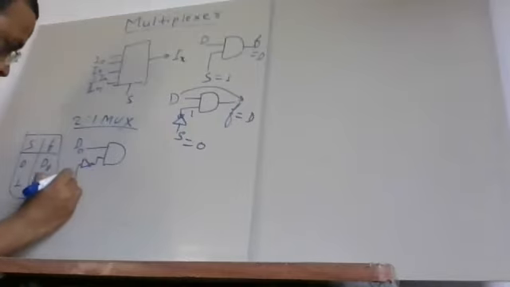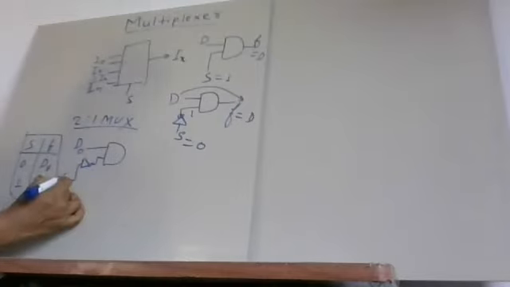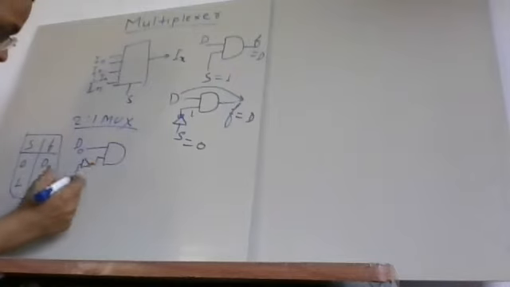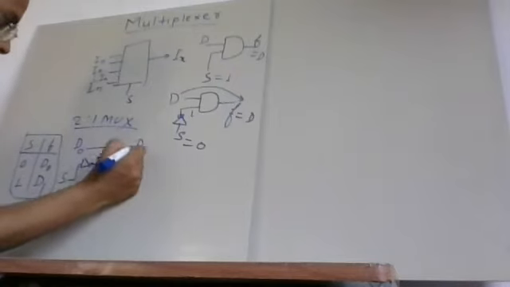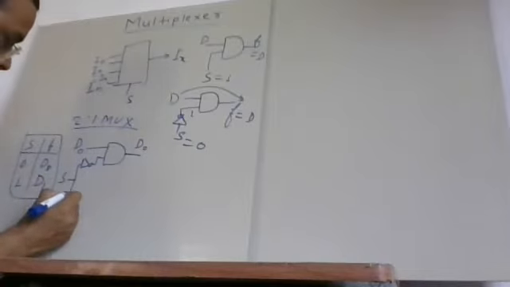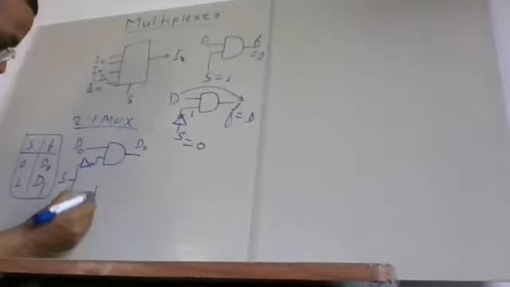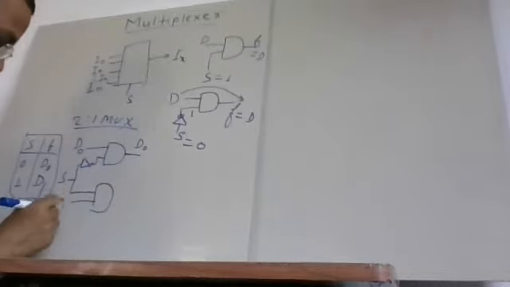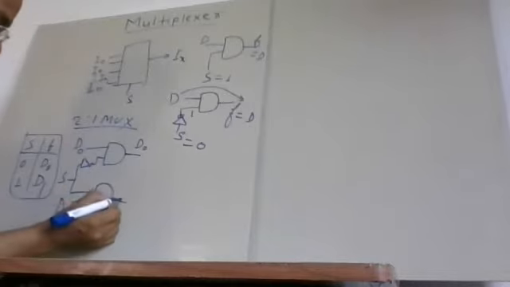So that is the S. When S goes through the inverter, the output becomes D0 for S equal to 0. But when S is 1, D1 must go to another AND gate.